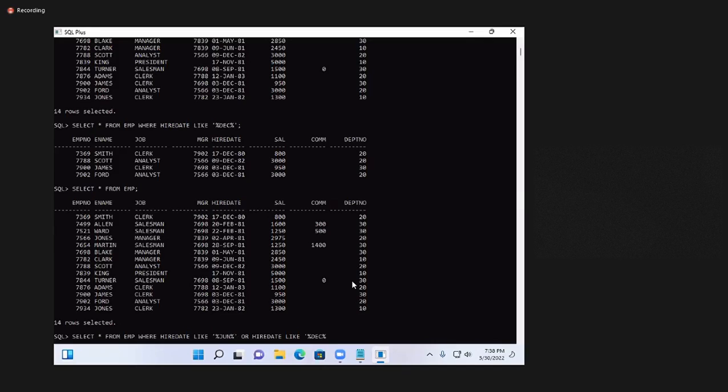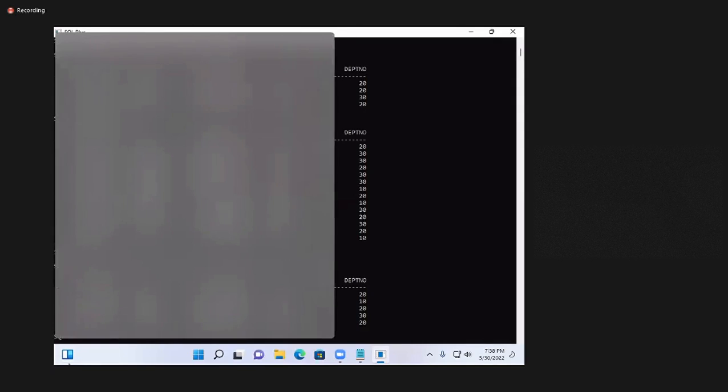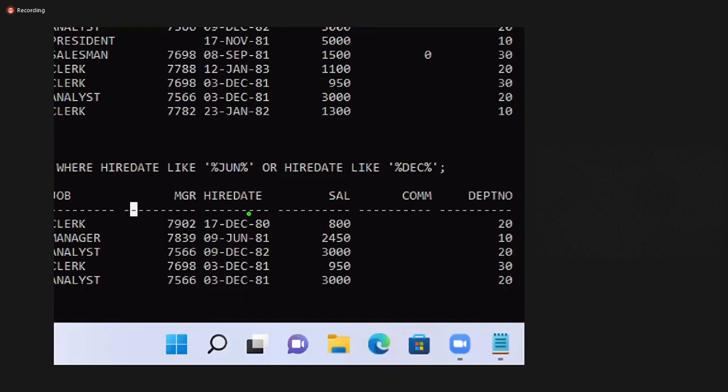So now what happened, you can see guys here. In the months of June and December, both people we are going to be getting now. So can you see now? We have the month of December people, we got it. And the month of June also we got it. So you can use in between the OR operator. Okay. So right.